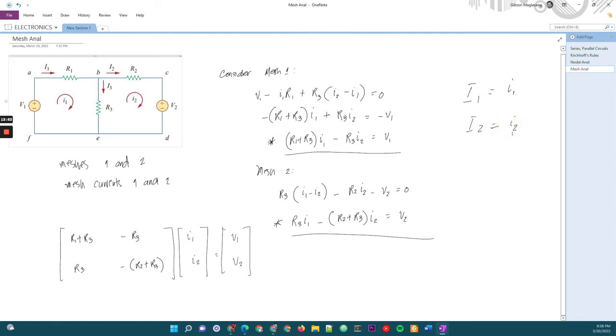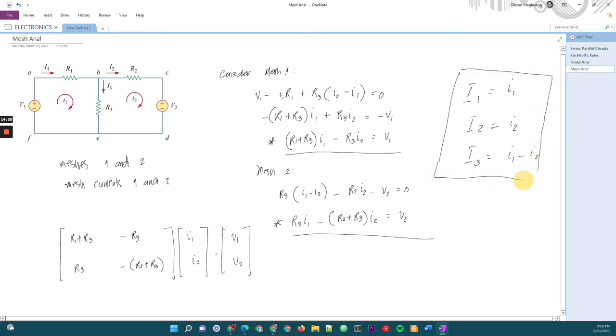And then the capital I3, where two currents meet, would be I1 in the same direction as I3, or I2 in the opposite direction, so I1 minus I2. So you can actually get the branch currents once you solve the mesh currents I1 and I2 from this matrix.